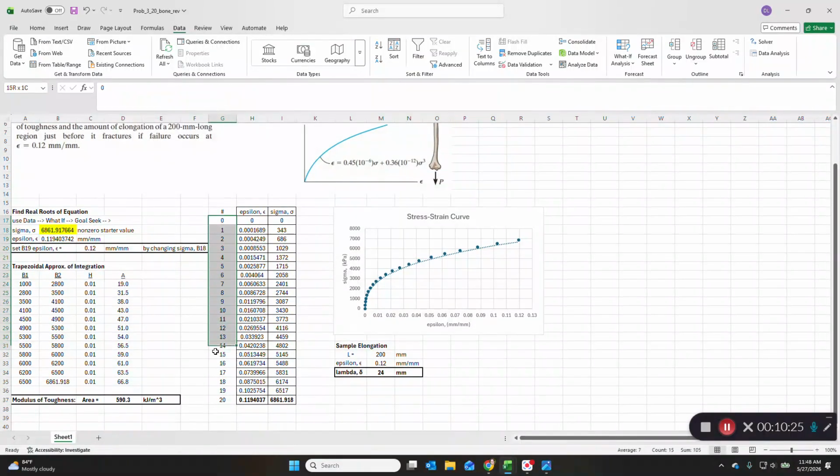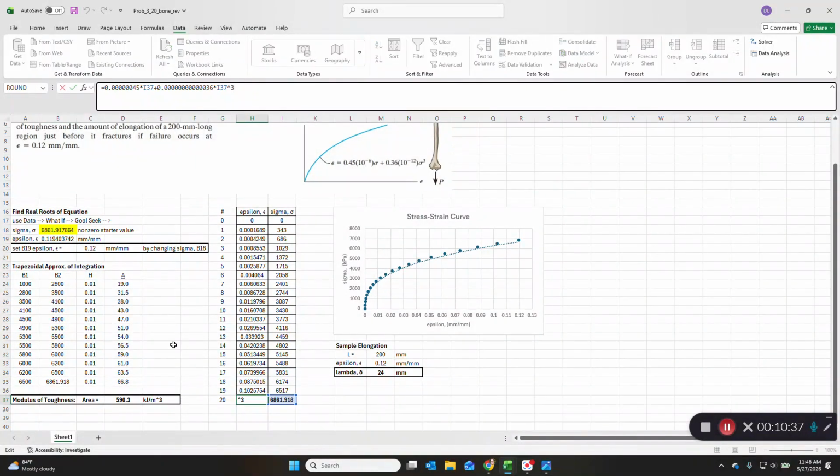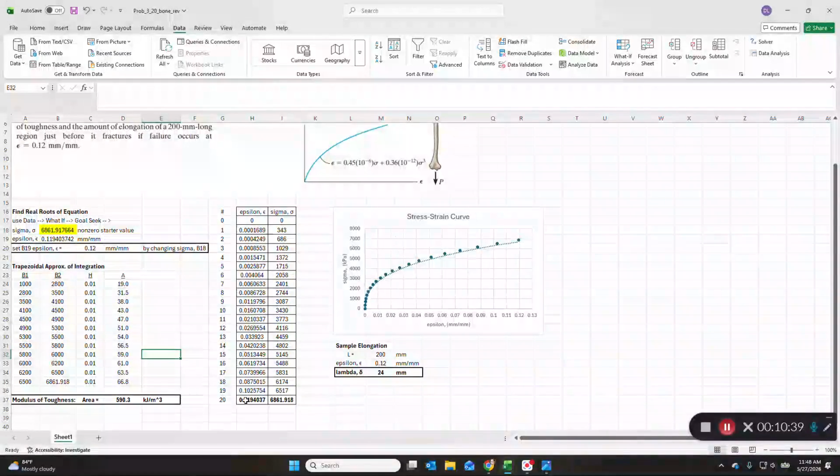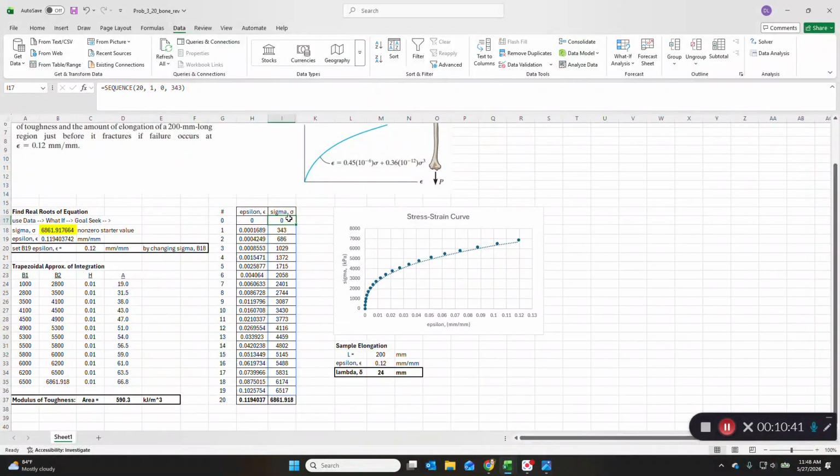And so I have 20 samples and 20 different readings, I should say, starting with epsilon 0 and ending with this value of 0.1194. So it's the same cell that you see here, right? 0.1194. And then I have sigma from 0 to the value of sigma that would solve the equation of epsilon equals 0.12.